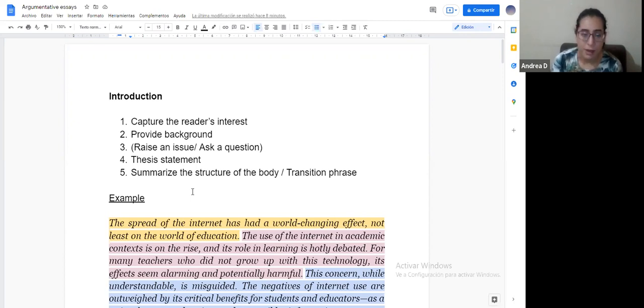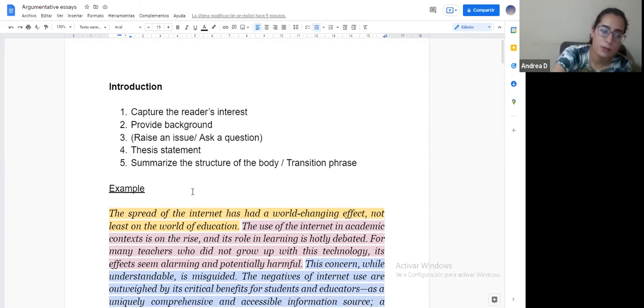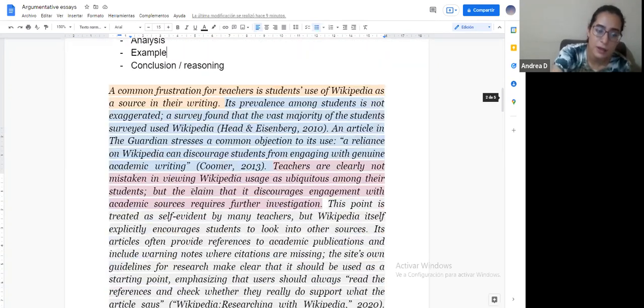Then you need the body of the essay, which are your body paragraphs, in which you're going to provide evidence and reasons and arguments supporting your view. And then you need a conclusion in which you're going to summarize everything again and maybe present something for future thought. But basically, those are the three things: introduction, body, and conclusion.